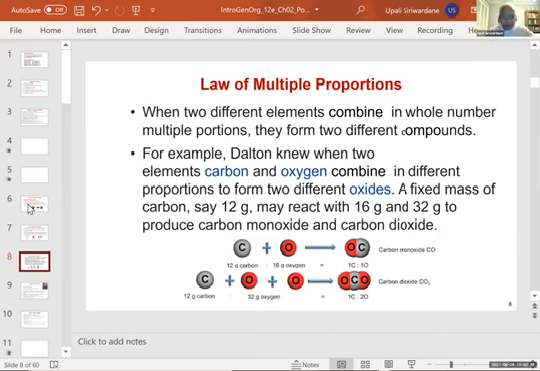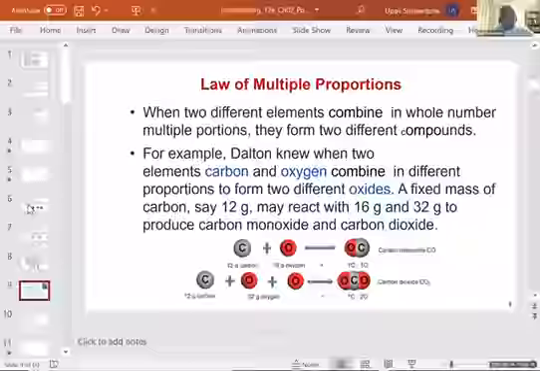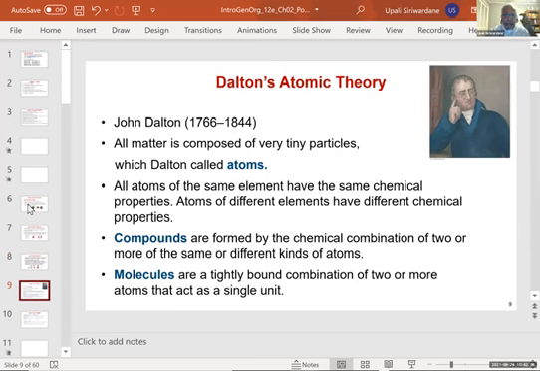Different kinds of atoms are called elements. John Dalton came up with the following statements called postulates of Dalton's atomic theory. All matter is composed of very tiny particles, which Dalton called atoms.